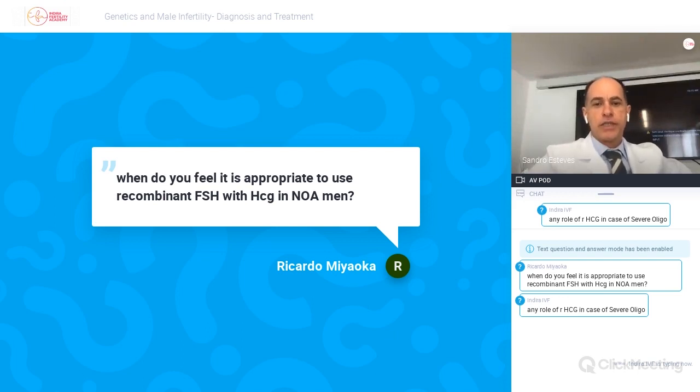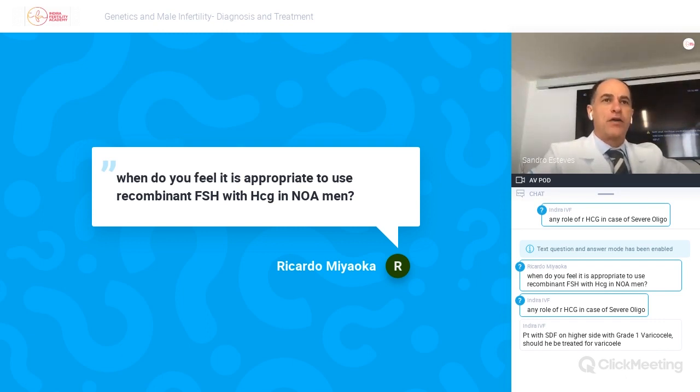So try to do the comprehensive male infertility workup to see if you'll be able to identify if the severe oligospermia is related to a condition that you might overcome somehow. And I mean, you might actually decide if you want to give any medication. If there is no condition associated with the severe oligospermia, it's, let's say, idiopathic, any medication at this point is empirical.